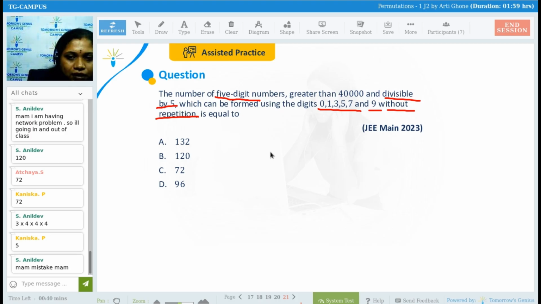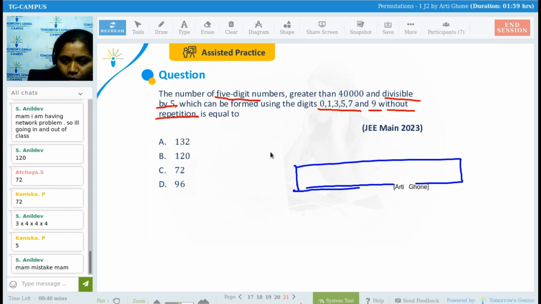Now, let's take a block chart of a 5-digit number. What are the cases which are possible? Who will tell me: this is first place, second place, third place, fourth place and fifth place. What is the divisibility test of 5?